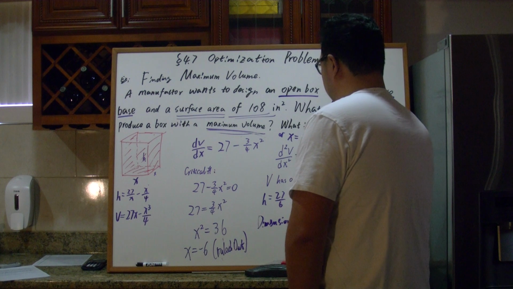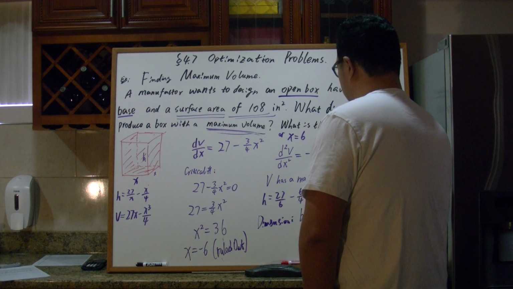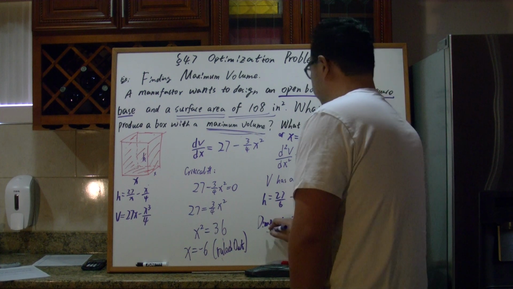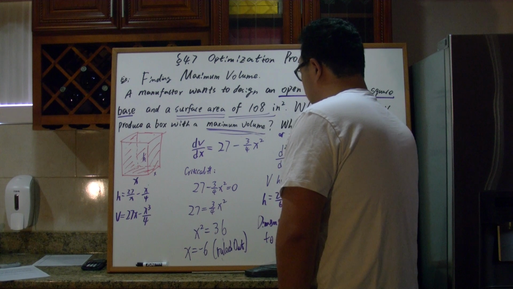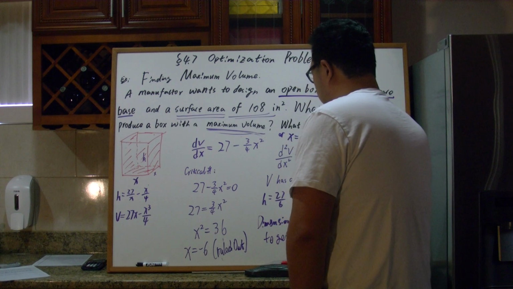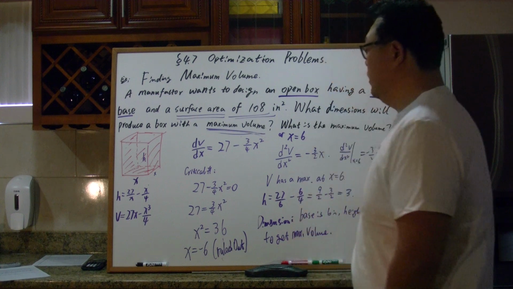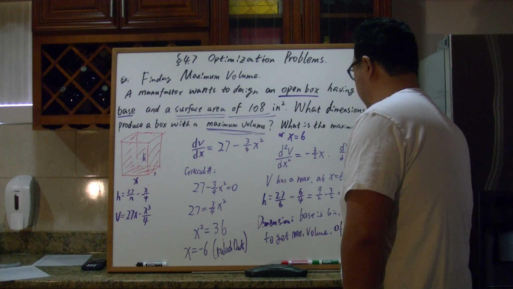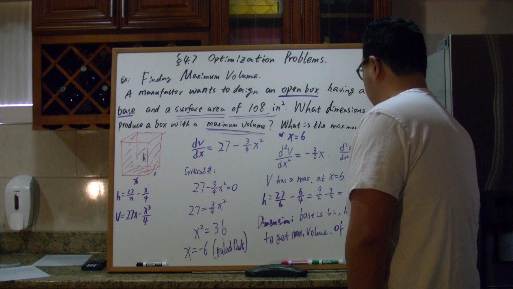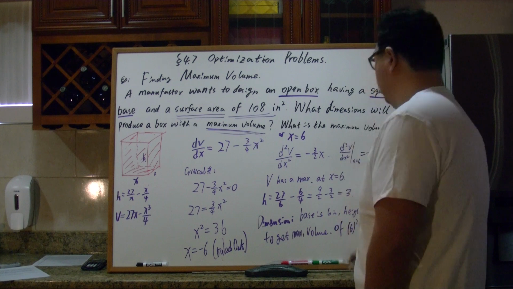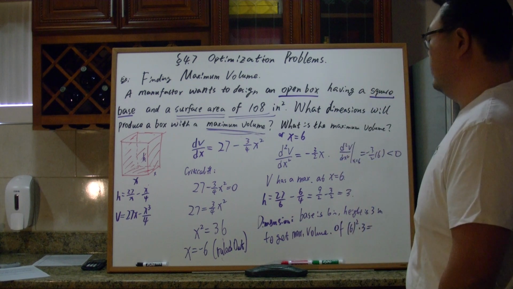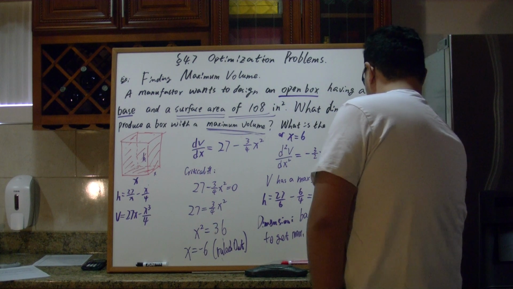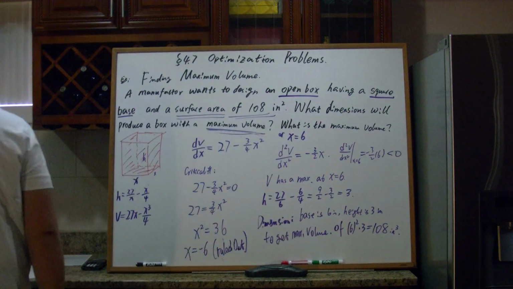So the dimension: base is 6 inches, height is 3 inches, to get maximum volume. And the maximum volume is x squared times h, which is 36 times 3, which is 108 cubic inches.